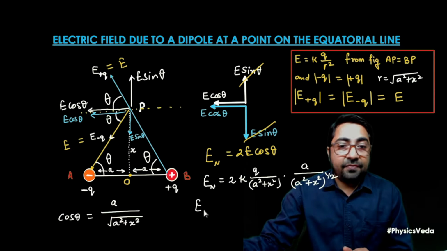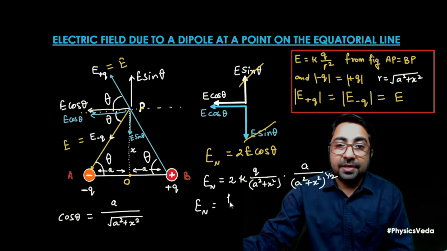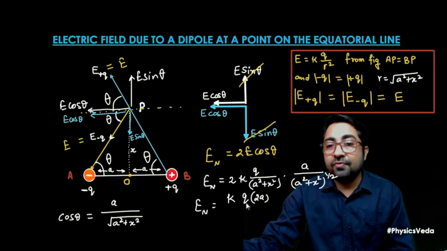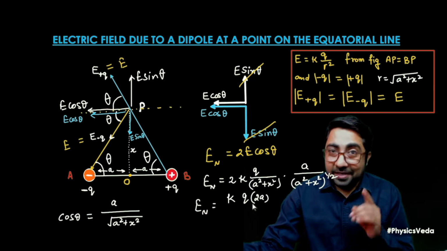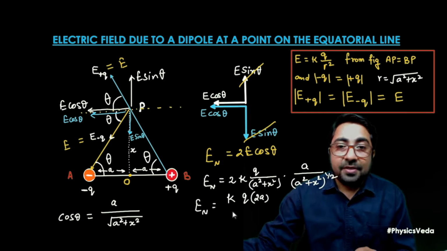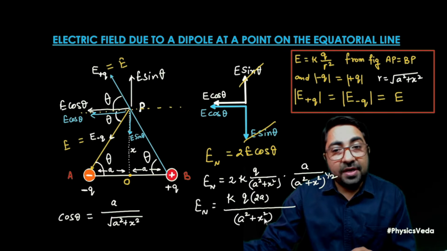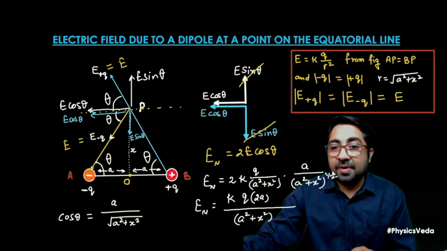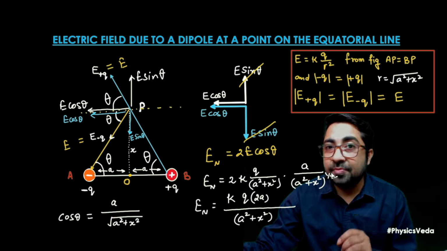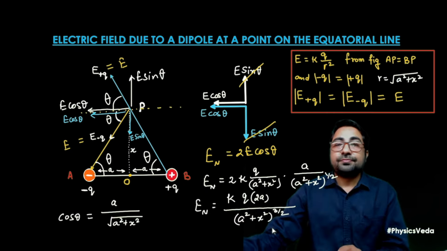The total electric field is equal to K Q into 2a, and Q into 2a is the electric dipole moment. In the denominator, I can write a square plus x square to the power, where the power 1 and the next power 1 by 2 combine to give 3 by 2.